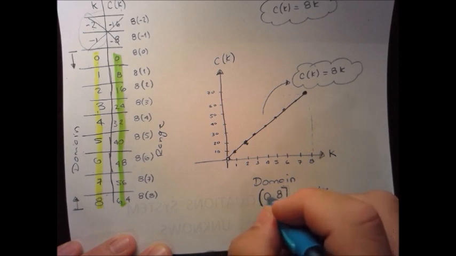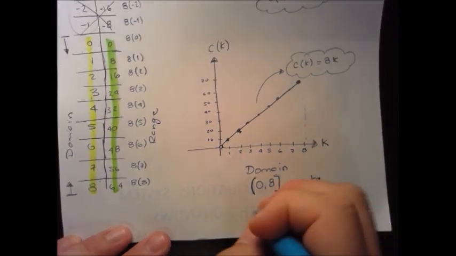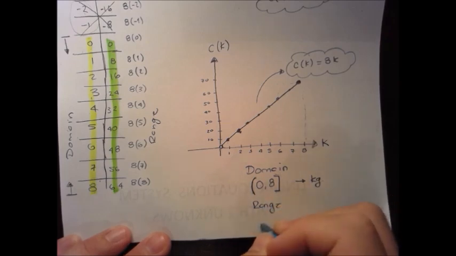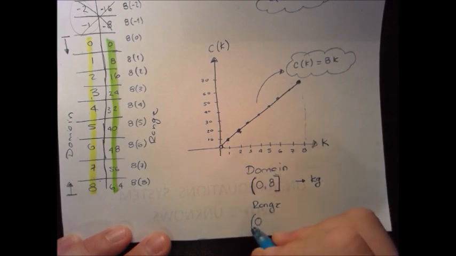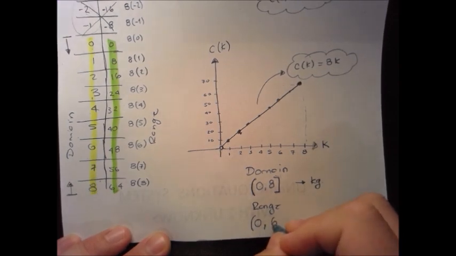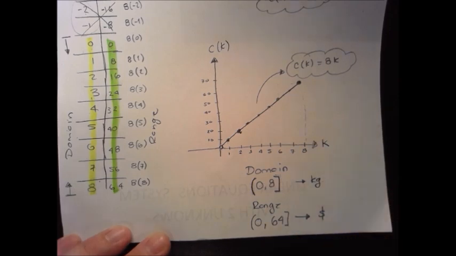Well, not at 0, just a little bit more, but you don't know exactly what that little bit more is. And the range is going to be exactly the same, but it's going to be from 0 pesos. It doesn't include the 0. This means that it's more than 0, to 64, and this is exactly 64, and in that case it is this one.